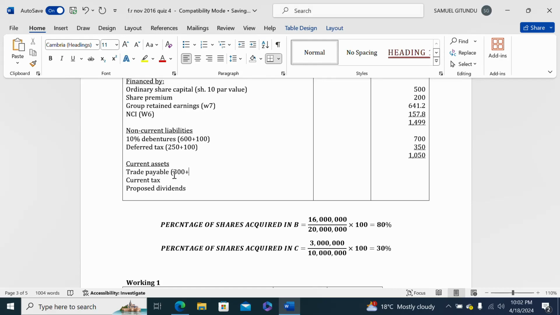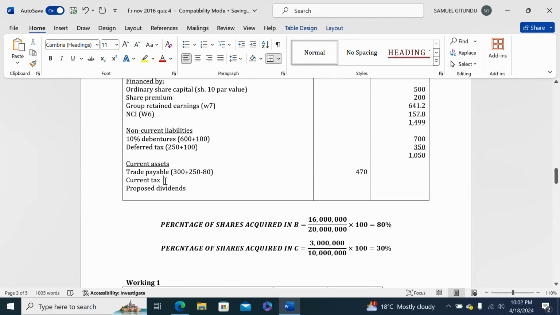Then for B, we have 250 as the trade payables. Then we raise the intra-group trade payables of 80 million. So we get our balance of the trade payables as 470 million.